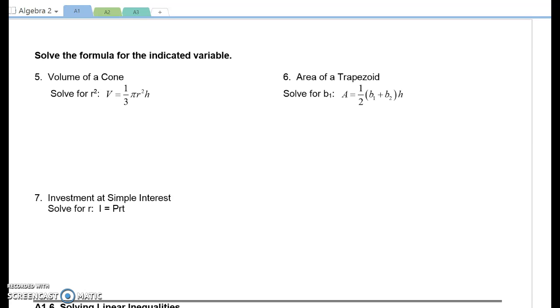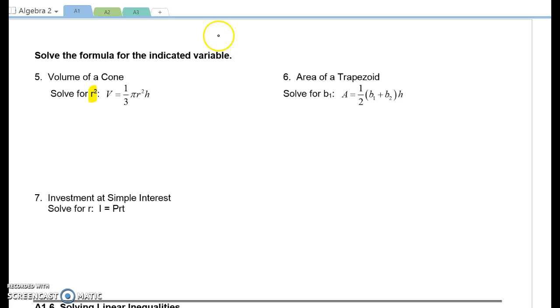Solve the formula for the indicated variable. Whatever they say solve for, that's the thing that you're trying to get by itself. So solve for r squared, we need to get r squared on one side of the equation by itself. The first thing I notice is that we've got 1/3, and I want to get rid of 1/3. Does anyone remember how we should get rid of that 1/3? Multiply by 3.